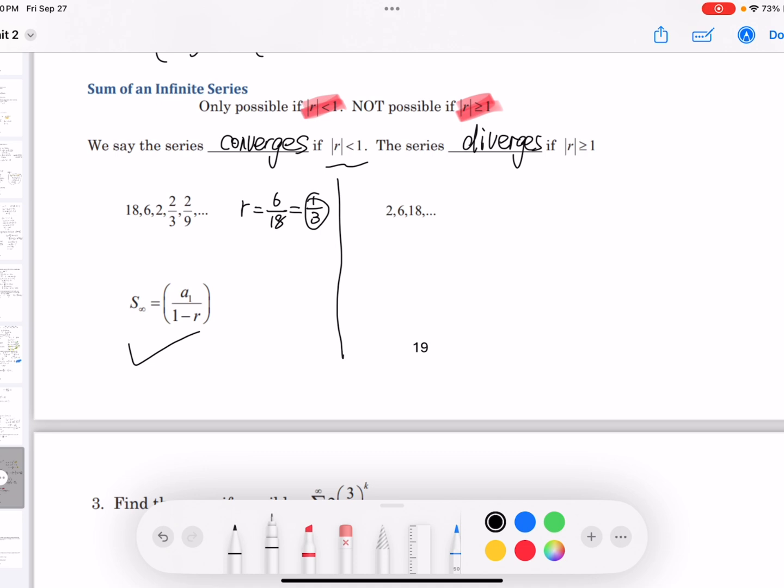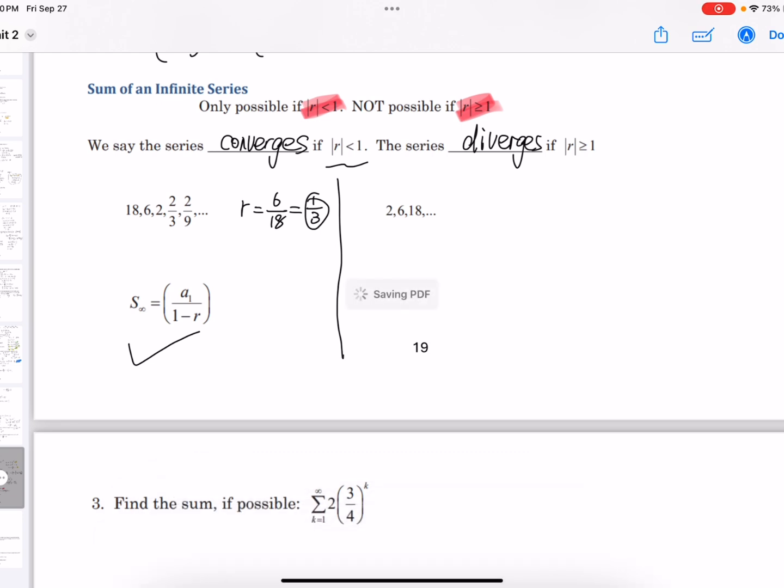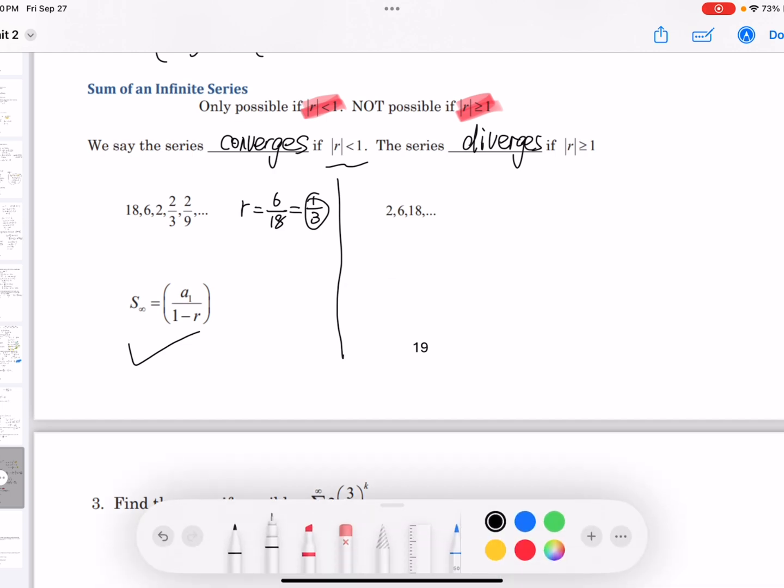And for the next example, we have a sub 1 is 2, a sub 2 is 6. So what is r? I can pick randomly two numbers. I pick two easy numbers. So it's 6 over 2, which is 3. 3 is greater than or equal to 1, so you can also add the absolute value. So this diverges. I cannot find the sum.